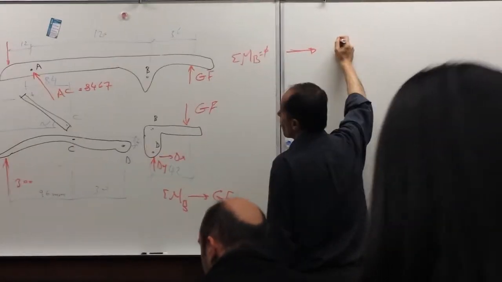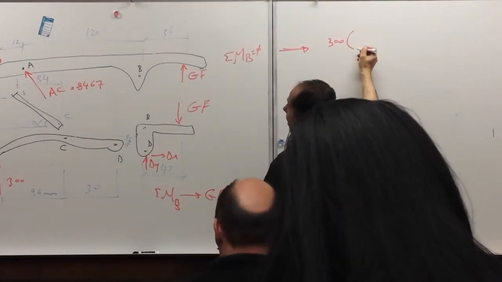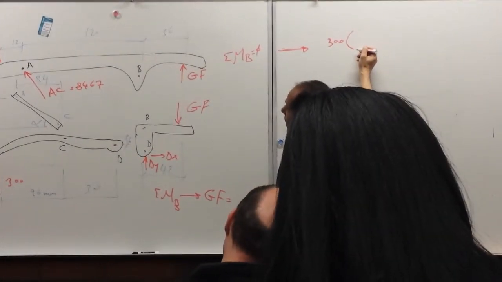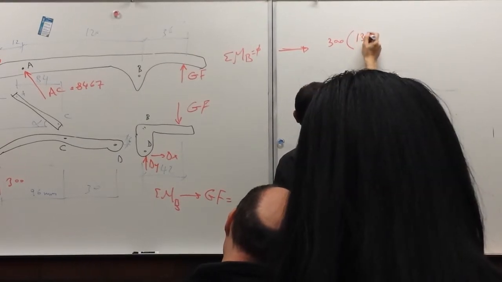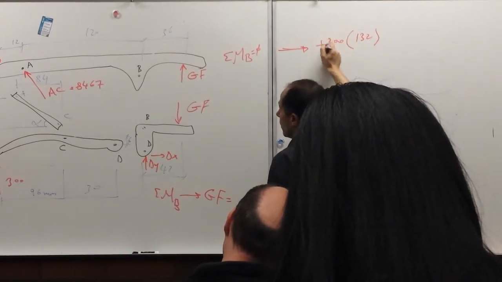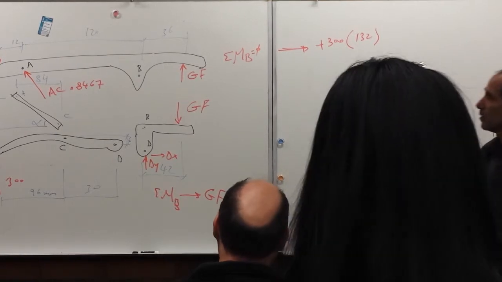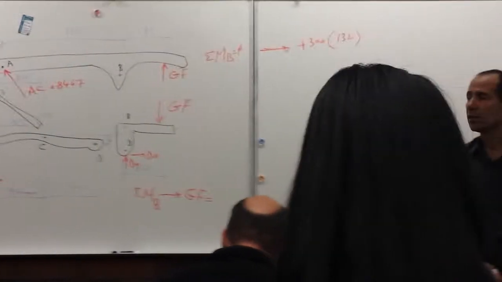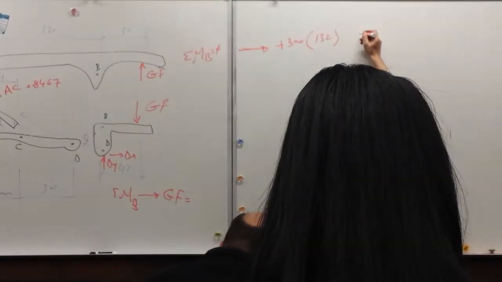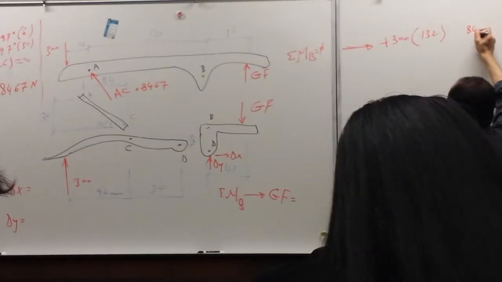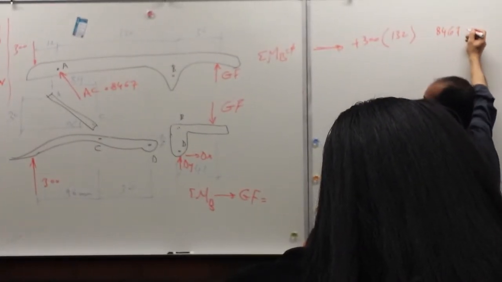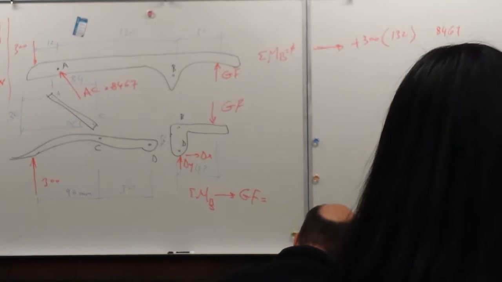I have 300 times 132. Can you see that? It's positive. Correct? AC, which is 8, 4, 6, 7. It was 84.67, right? What's that?